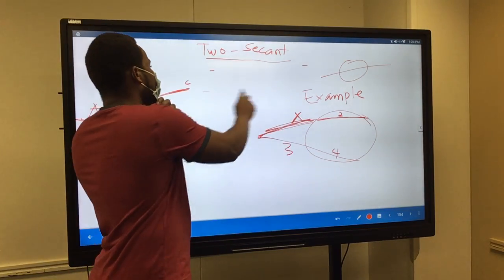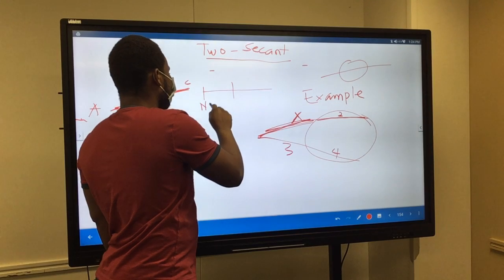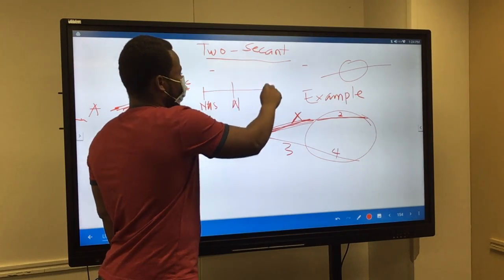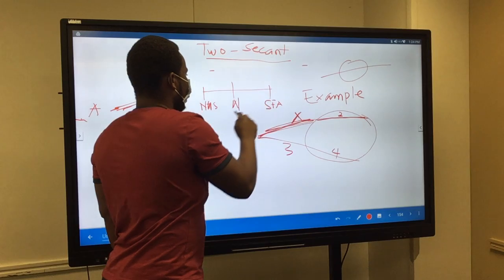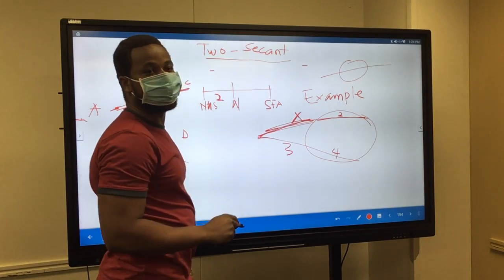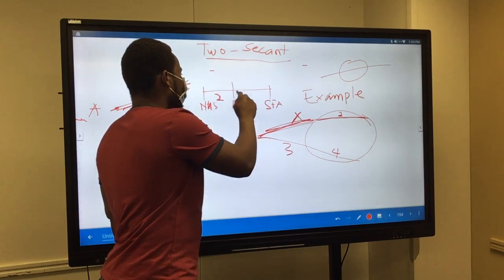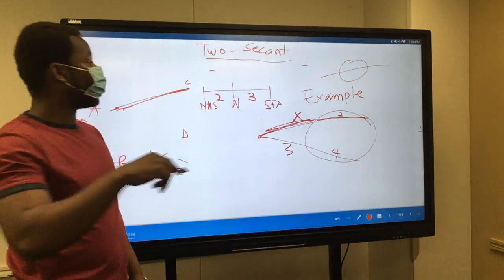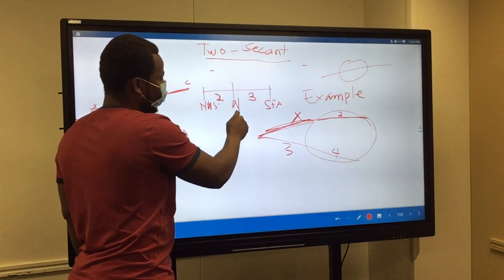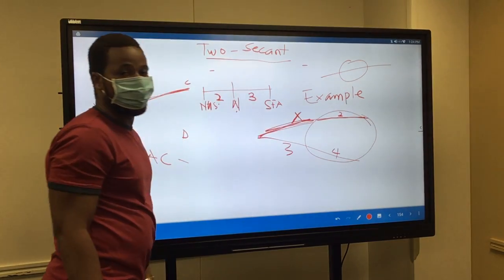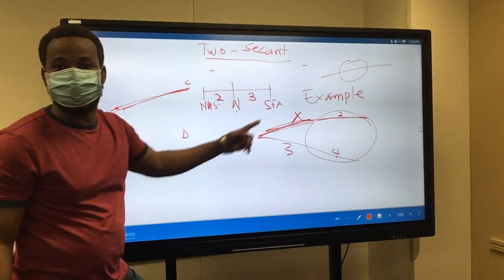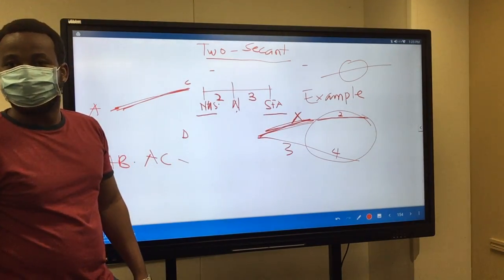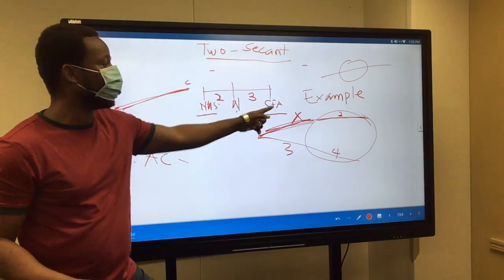If I told you that this is Nacogdoches High School, this is Walmart, and this is SFA, and the length from the high school to Walmart is 2 miles, and from Walmart to SFA is 3 miles, how many miles from the high school to SFA? 5 miles.